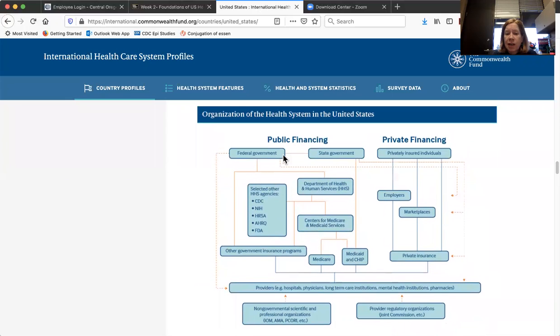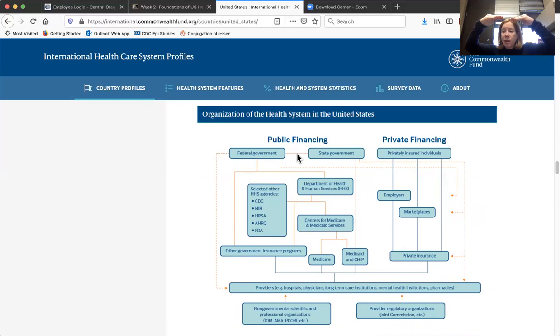You'll see that these lines that are not dotted, that are solid, mean it's a hierarchy. It's using a hierarchy system. So you'll see the federal government, which is national, and the state governments are on the same level. They sometimes don't agree with each other, but they're at the same level.